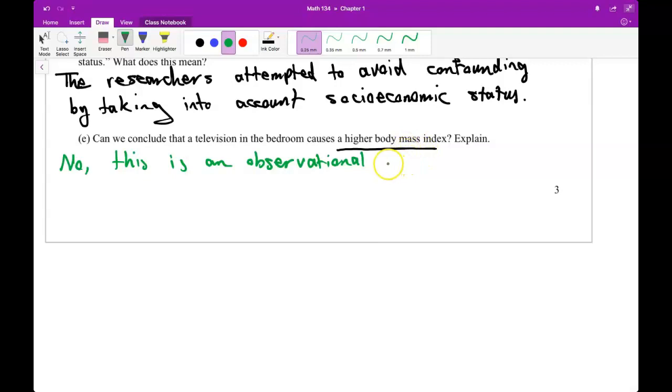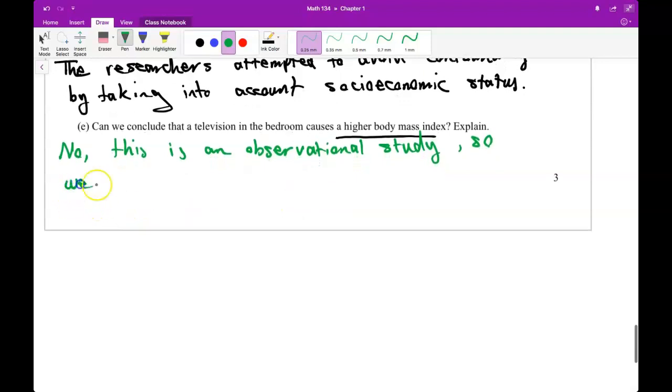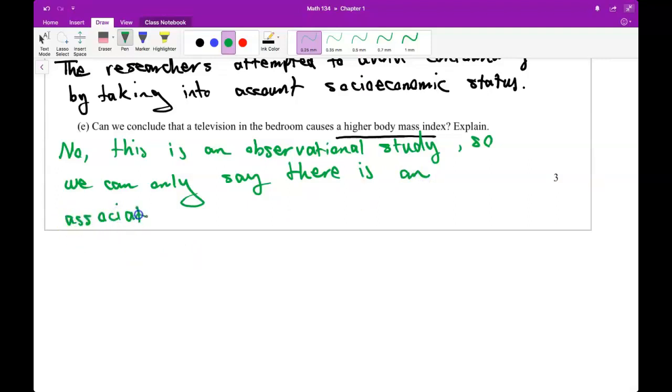So this is an observational study. We can only say there is an association between a TV in the bedroom and BMI.